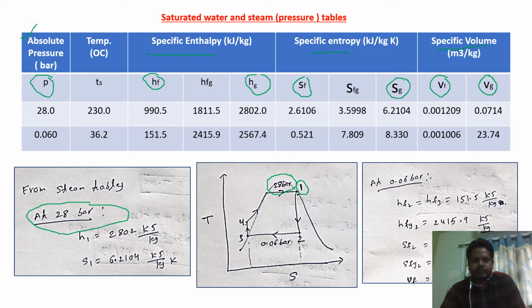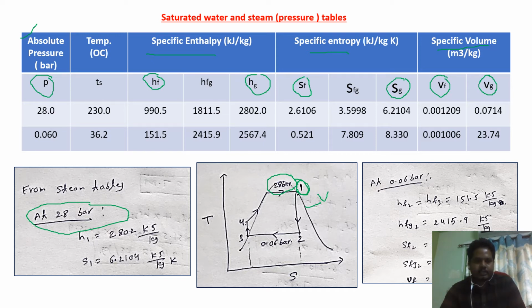These values we have to take from the steam tables. But here point 1 is on the saturated vapor line, which means gas. We have to see hg, sg, vg values, because point 1 is on the saturated vapor line.